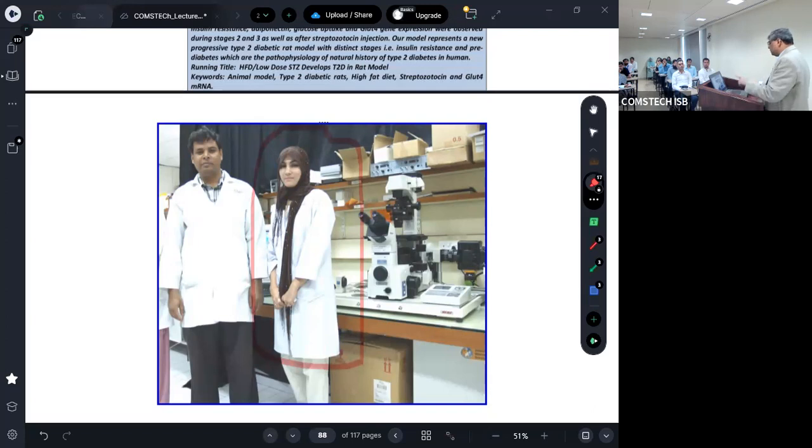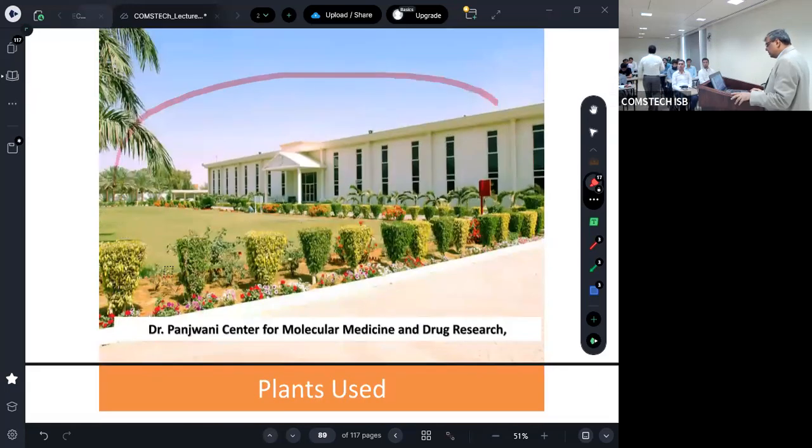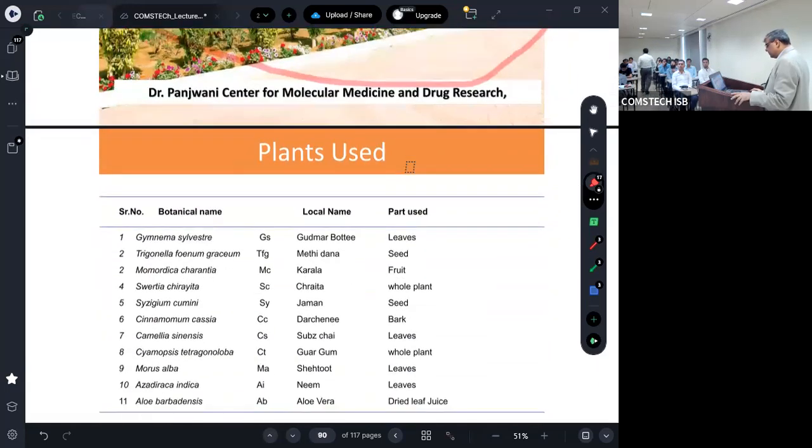And normally, we change the bedding 2 times. In the morning, after coming to the lab and after taking tea, we change the bedding, and before leaving the lab, we change it again. Sometimes we manage 1 or 2 rats per cage. In this way, we minimize the mortality rate, with good health condition. This is the tip. And all these things we did here in Panjani Center.